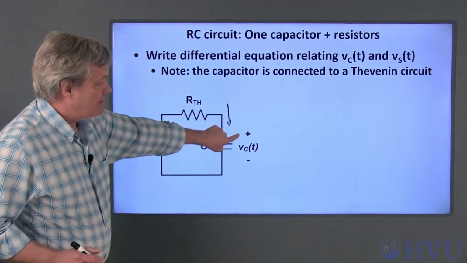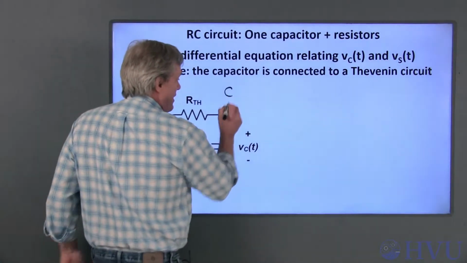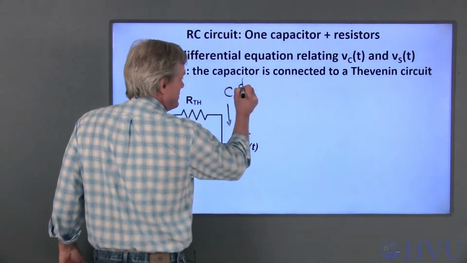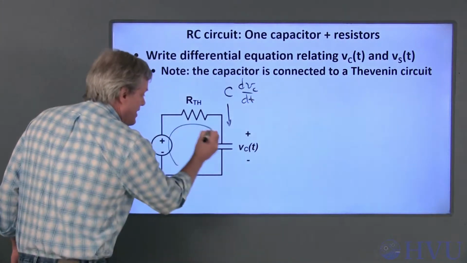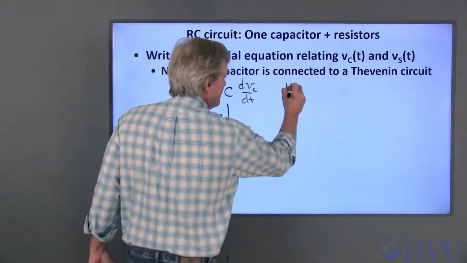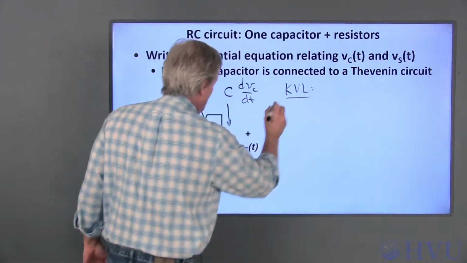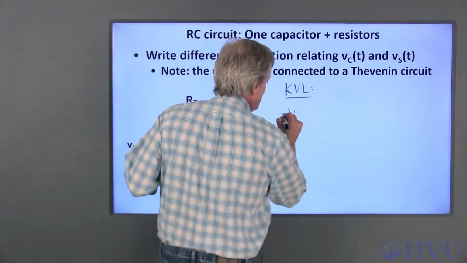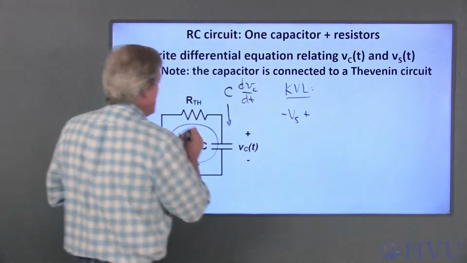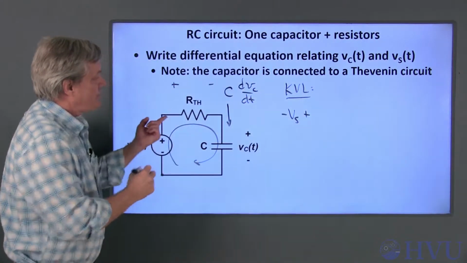The current has to enter the positive voltage terminal, and the current is C, the capacitance, times dVc by dt. If I do KVL around this loop, starting down here, I see the negative terminal on Vs first, so minus Vs, plus the voltage across this resistor.